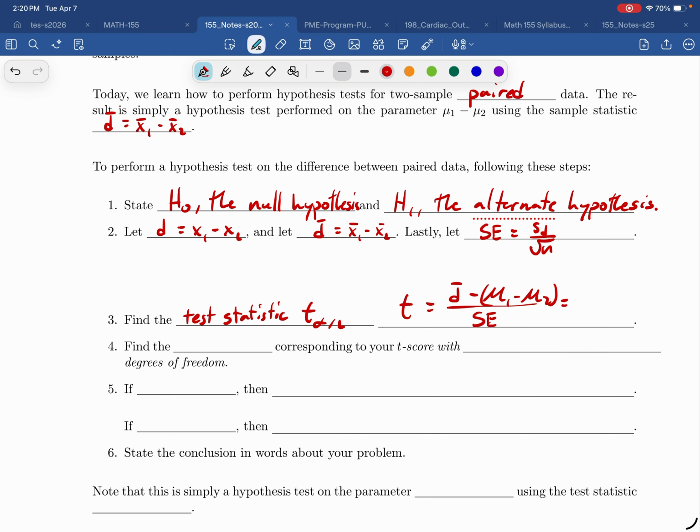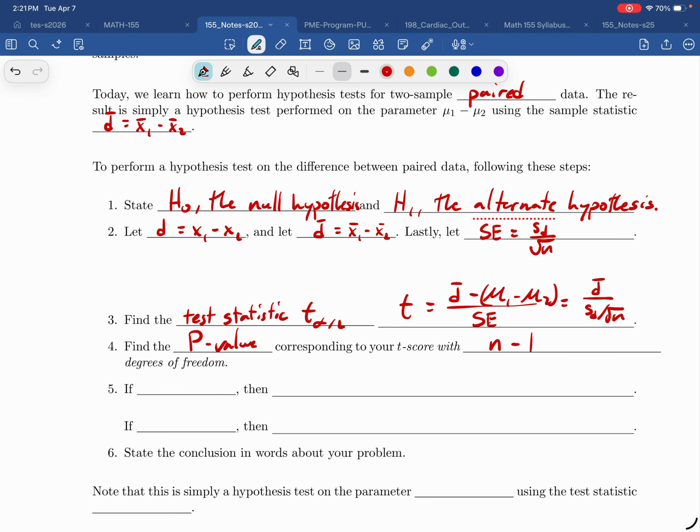And this is going to equal D bar divided by the standard deviation over root n. Then we're going to find the p-value corresponding to our t-score with n minus 1 degrees of freedom.